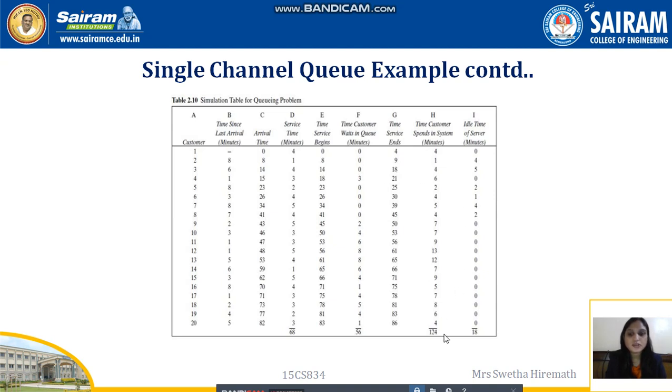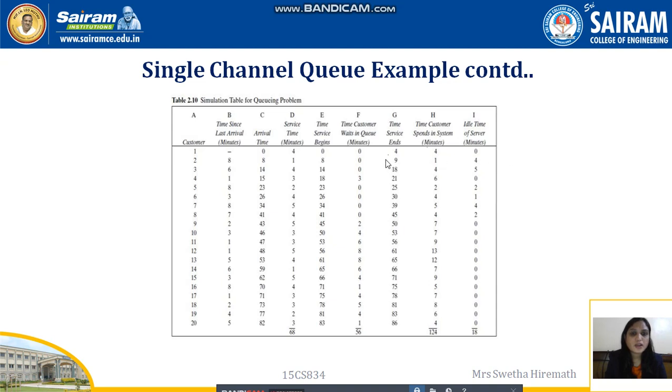So it continues till the 20th customer, and after this we are going for the calculation of the idle time of the server. So here idle time of the server we are getting it by the time customer spends in the system and the time customer waits in the queue.